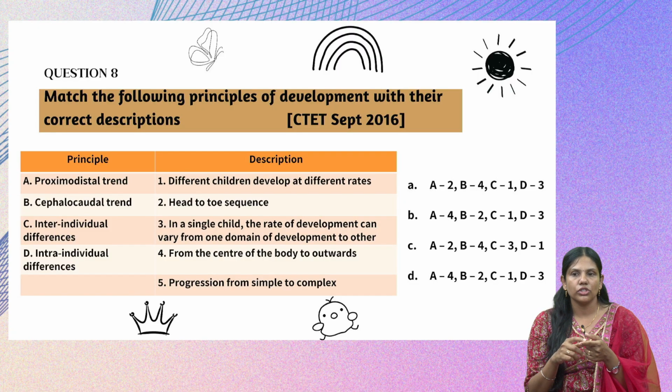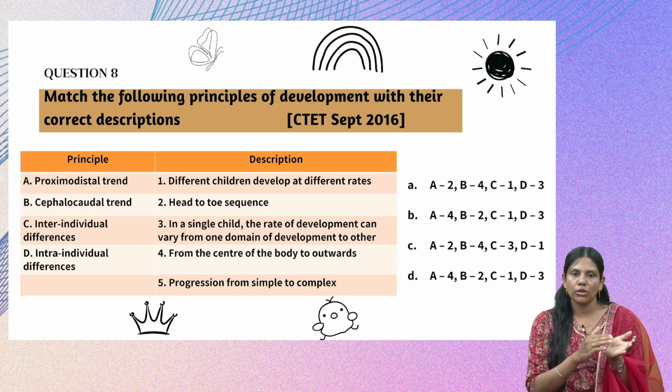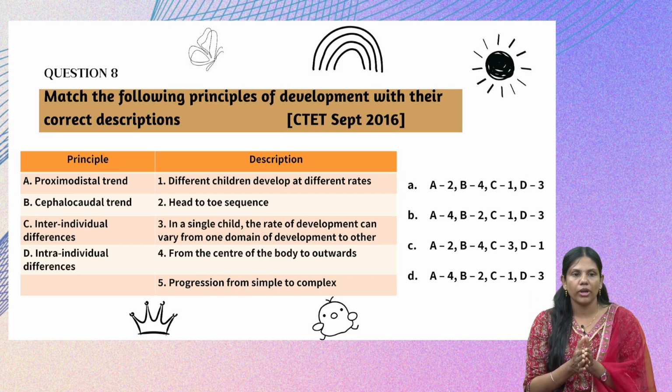Then intra-individual differences means that in the same child you will have differences in development across different domains, like physical development may be at one level, moral development at a different level, socio-emotional at another level. So in a single child the rate of development can vary from each domain. So D is 3. If you observe here, both B and D are correct. So the option can be either B or D.